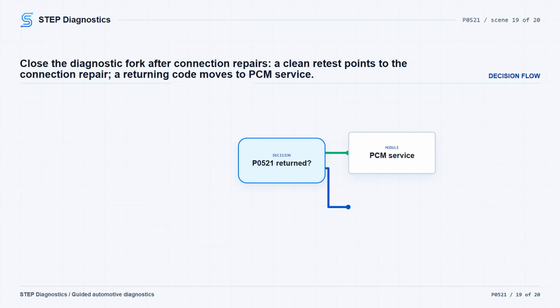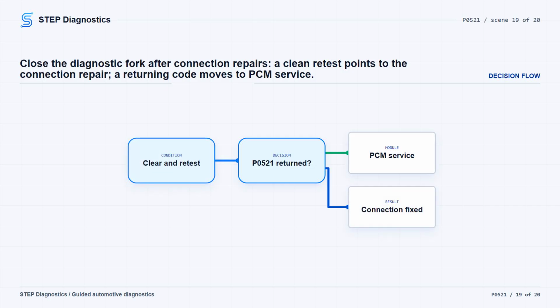Repair any conditions found. Then reconnect everything fully and make sure the connector locks are engaged. Clear the codes, operate the vehicle under the monitor conditions, and read the codes again. If P0521 does not return, the wiring or poor connection problem has been repaired. If it does return after these checks, the diagnostic path calls for PCM replacement and programming, followed by repair verification.